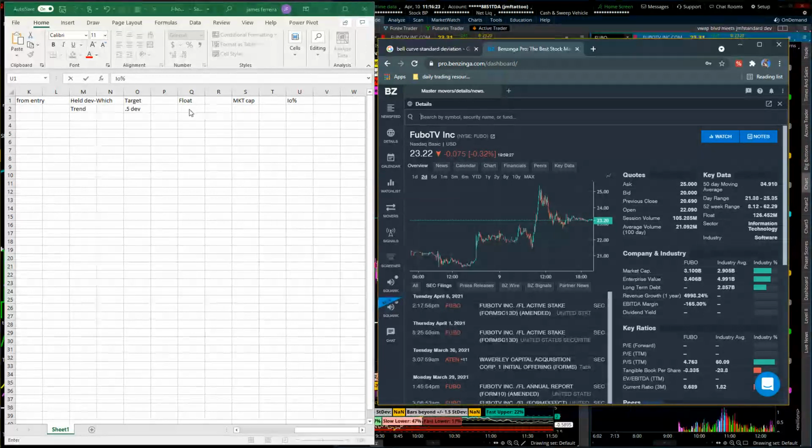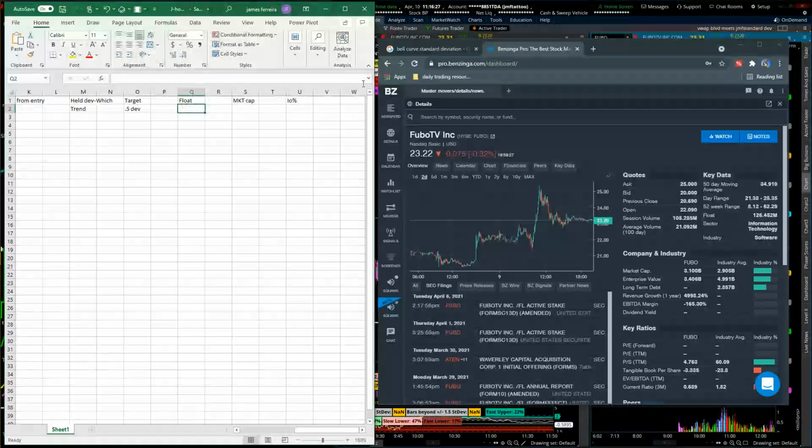Fubo just happened to have the J hooks yesterday, so I'm using it as an example. But it could turn out that maybe a 100 million float stock moves smoother and cleaner with this setup than a small cap or a low float does, you know? So that's something I'm going to figure out.